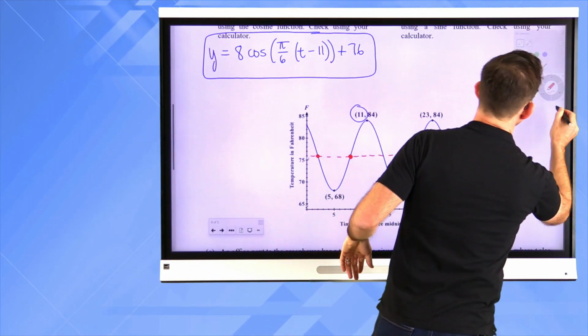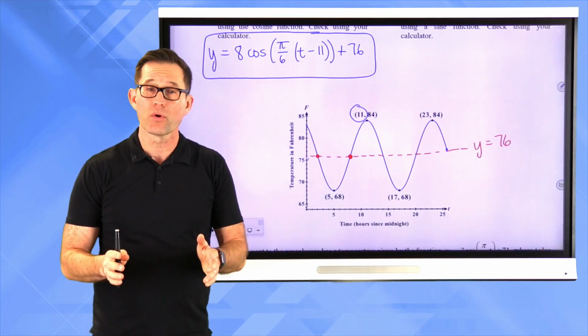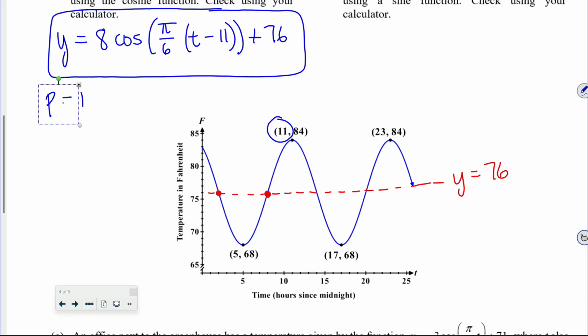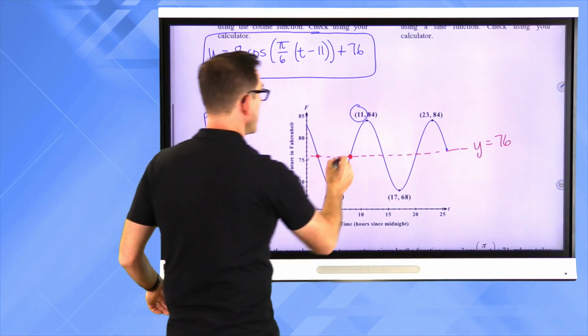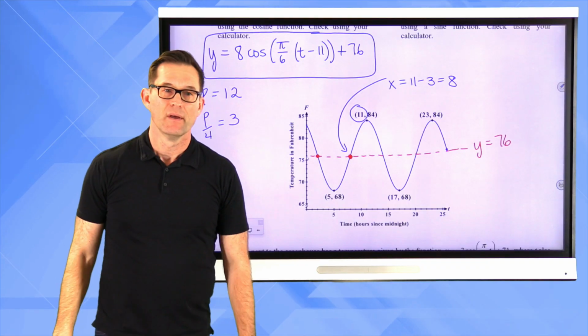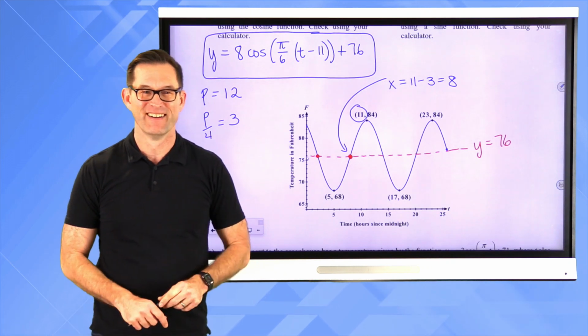Now remember, the key to finding that x coordinate will be to know what a quarter of the period is. So the period was 12, and a quarter of the period is 3. So if I look at that x value, that'll just be 11 minus 3, and that'll be 8. Great. I got a double 8 again. I got an 8 there, and I have an 8 in there.